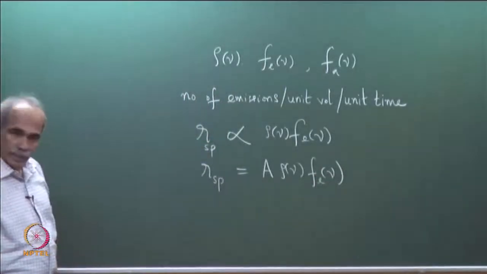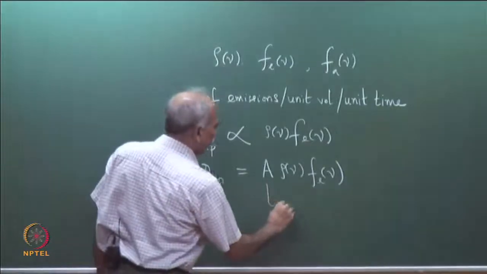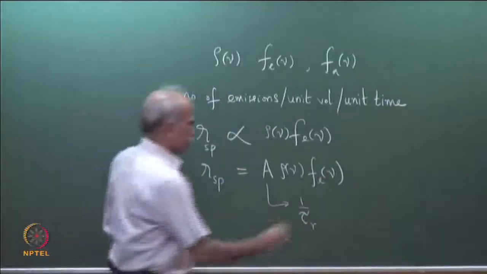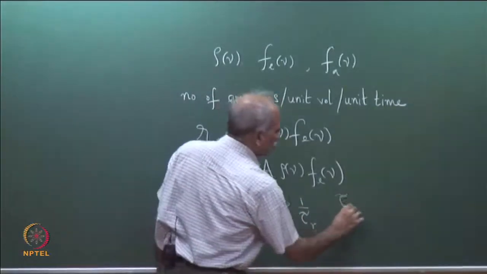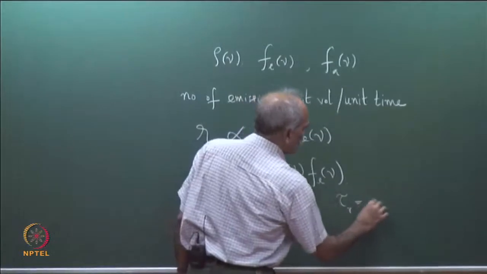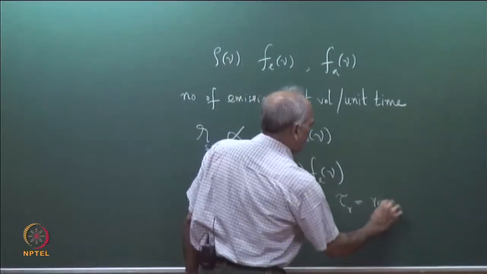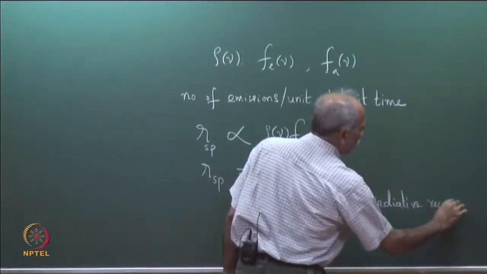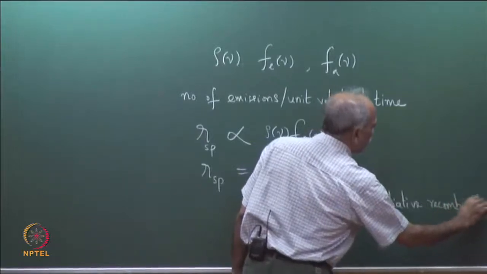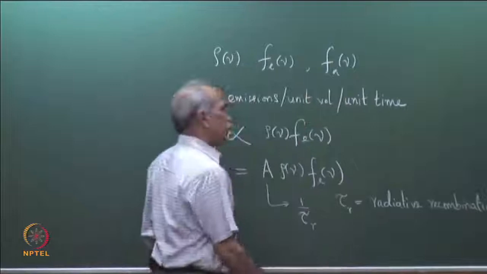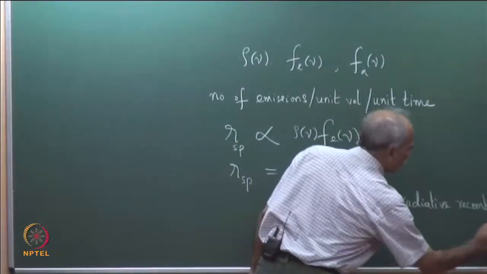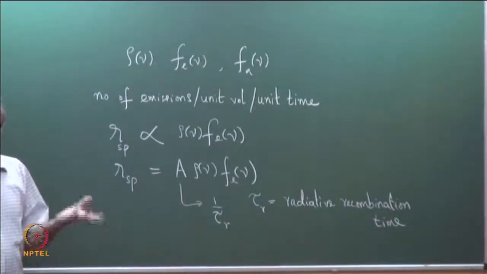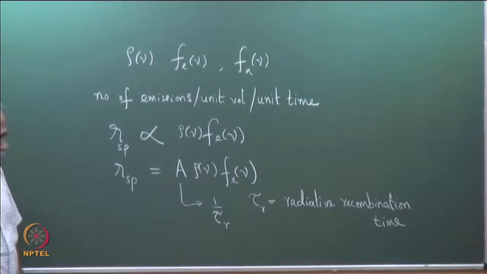A is the rate constant, and you can show that this is nothing but 1 over tau r, where tau r is the radiative recombination lifetime, that is, the recombination time for radiative transitions.